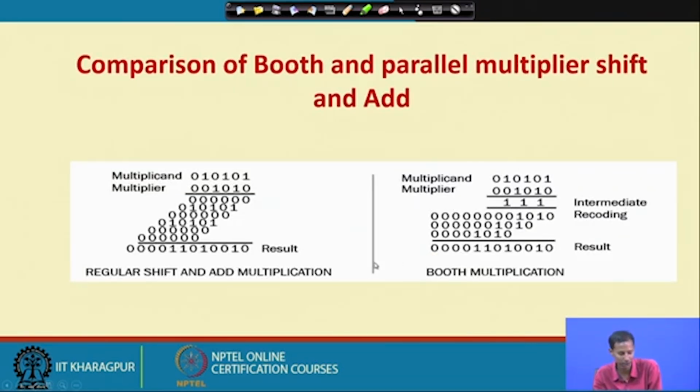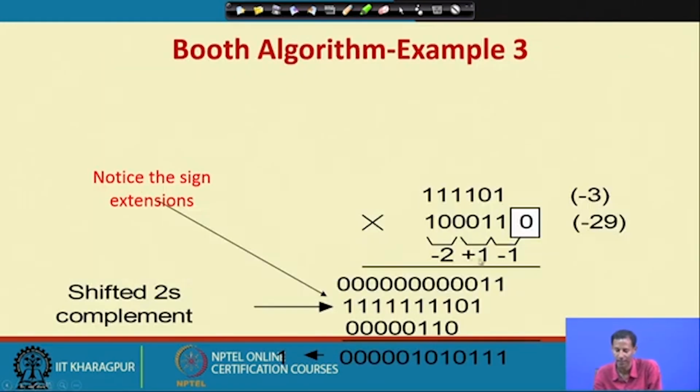Initially this was 1, this was 2, this was minus 1. Now, this one will be plus 1, this 2 will be minus 1, and this will be minus 2. So, now based on that, you will get plus 87, because you are getting 0 over here. Okay. So, this is the sign extension.